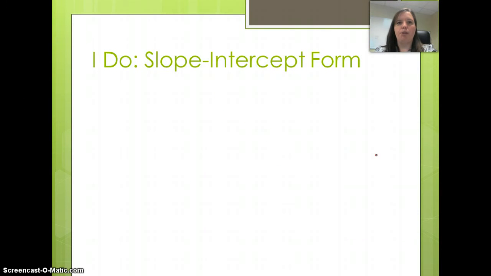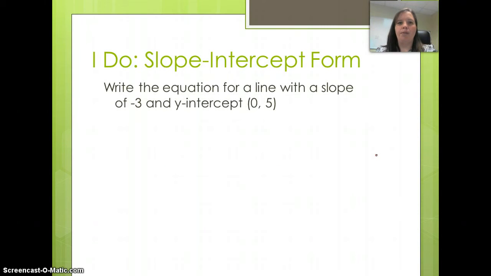So I'm going to do a slope-intercept form example for you. Write the equation for a line with a slope of negative 3 and a y-intercept 0, 5. So again, this is my m value. We're doing y equals mx plus b. That's our general slope-intercept form. And then the y-intercept is our b value.